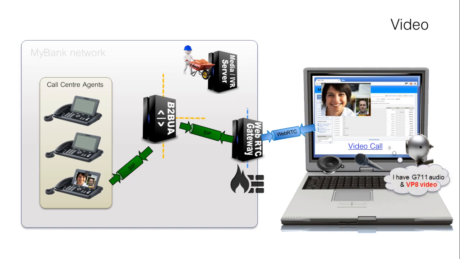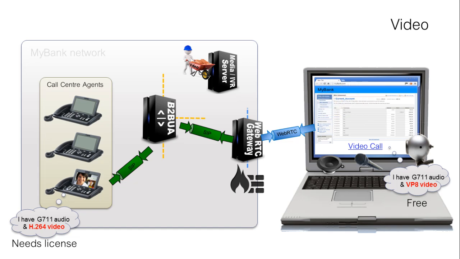Currently, websites tend to use the VP range of video codecs, VP8, VP9, avoiding the H.264 codec typically used by SIP phones due to license restrictions. VP8 and VP9 are free, whereas H.264 needs licensing. Without compatible codecs, there will of course be no video.